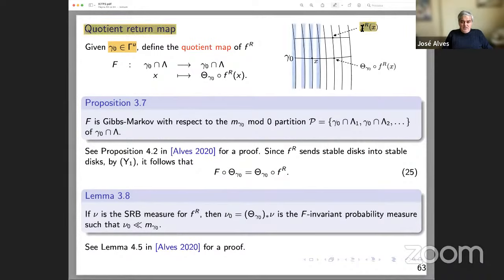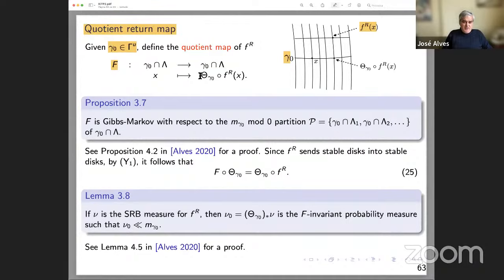The image is FR of that point, and then we slide through the stable leaf through FR of X, and we obtain a point in the original leaf gamma 0. This is what I'm going to call F. So this is the quotient of the map FR.